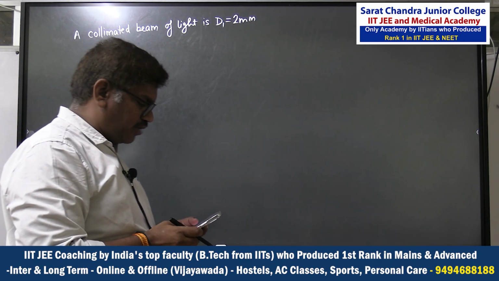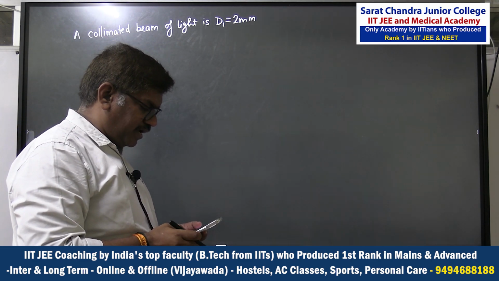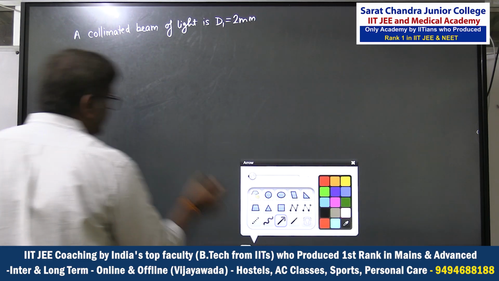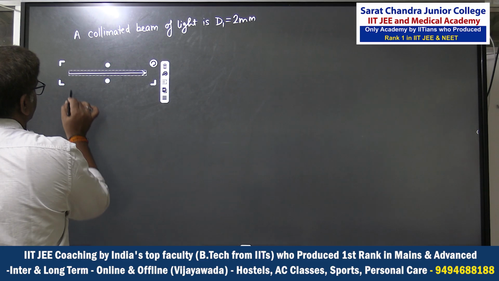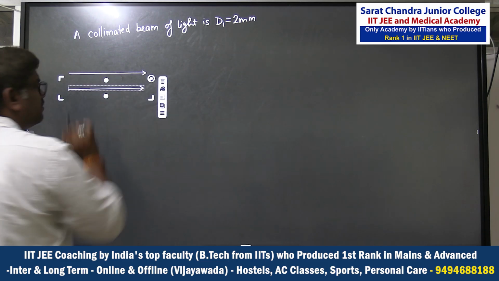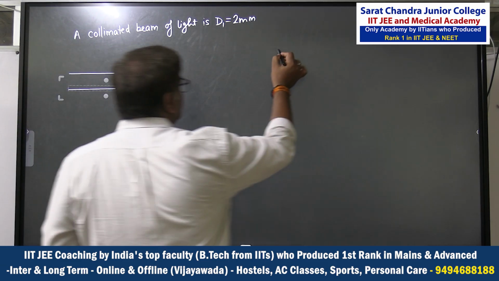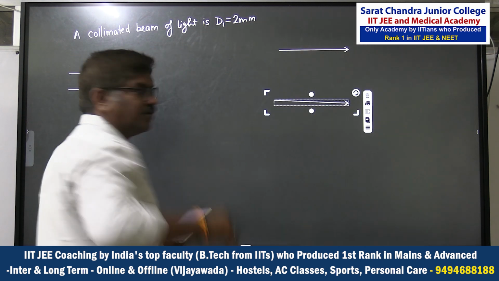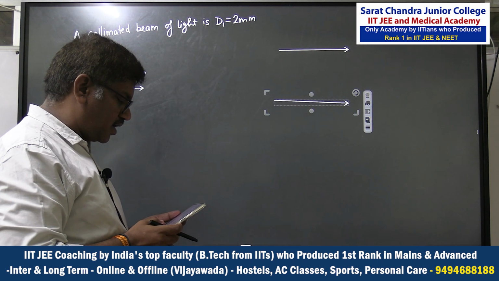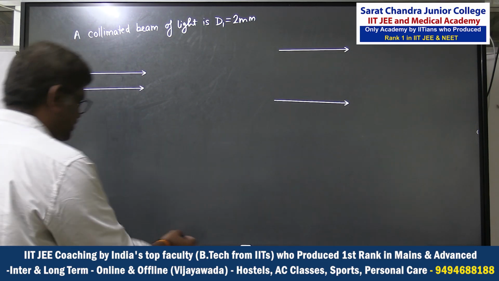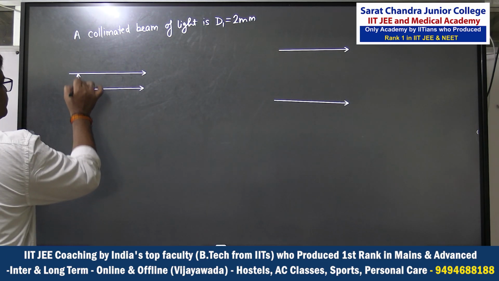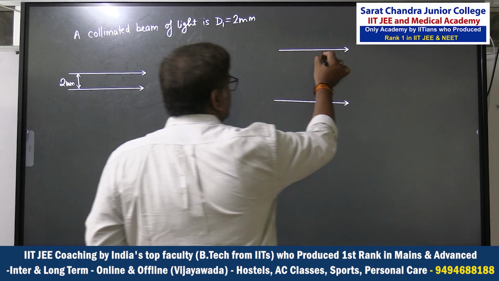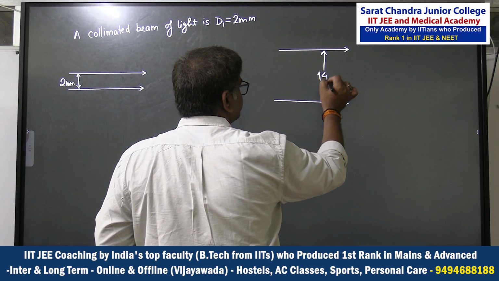The beam is required to expand into a collimated beam of diameter 14 millimeter. So what they are trying to say is that there is a beam of light of 2 millimeter, and they want to expand it to a wider beam of diameter 14 mm. This diameter is given as 2 mm, and this beam diameter is given as 14 mm.